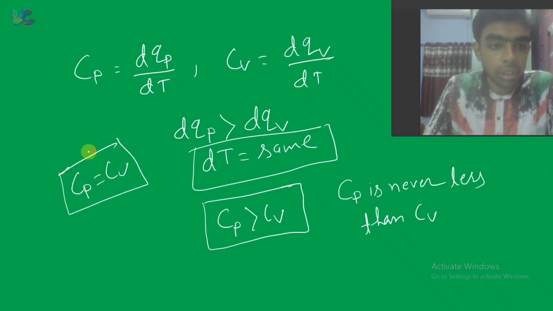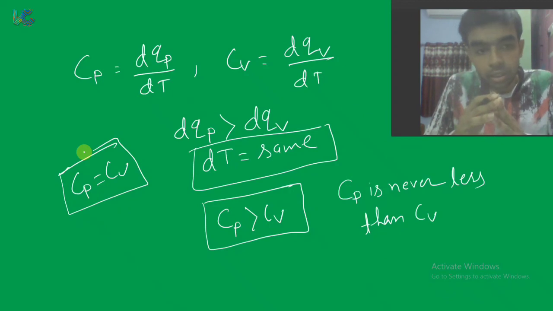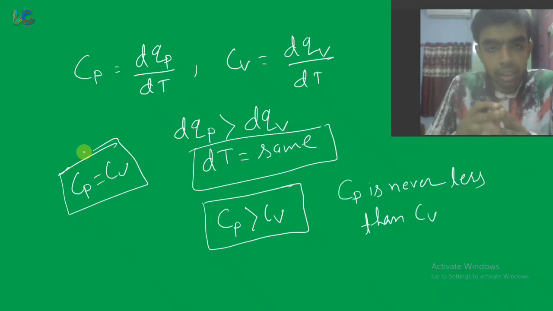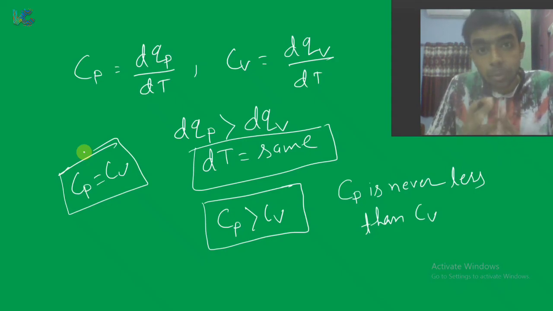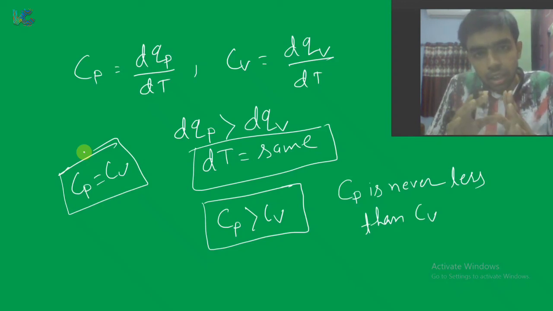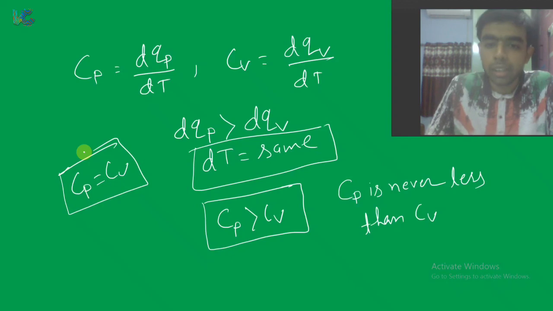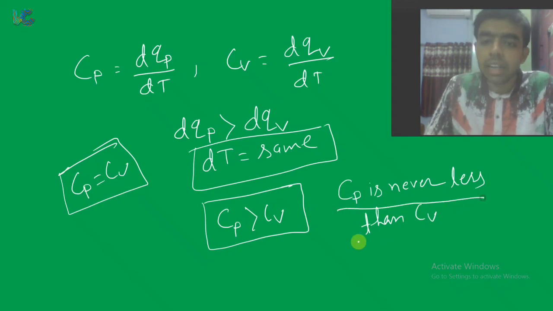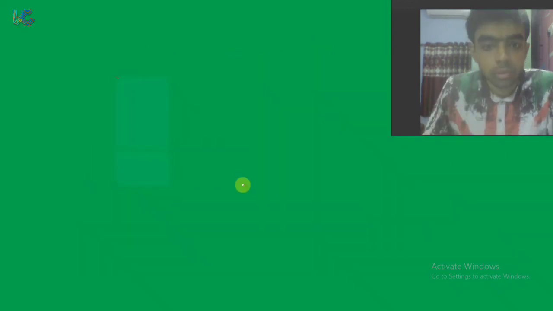That we will read in our next class, but for now, there is a special condition where Cp can be equal to Cv. So if I want to be very accurate, the more accurate statement is that Cp is never less than Cv.